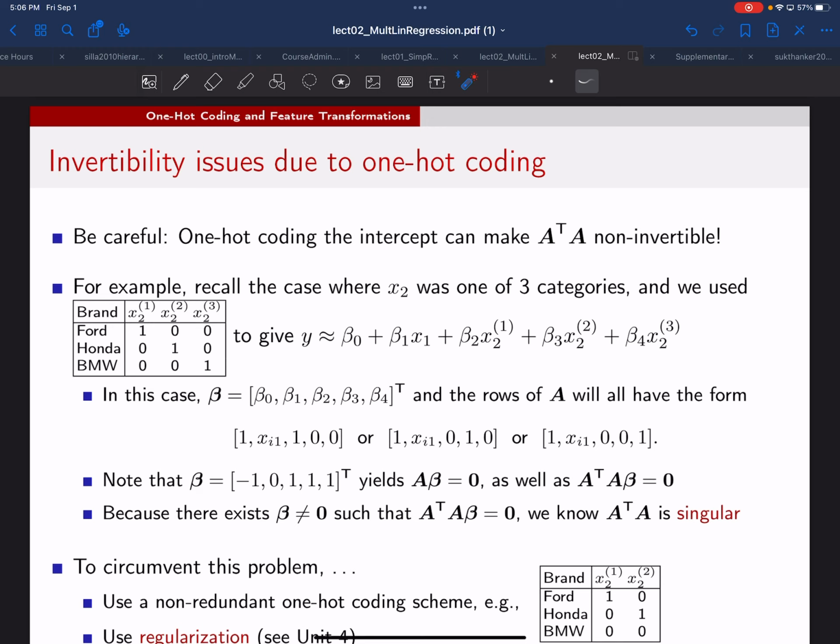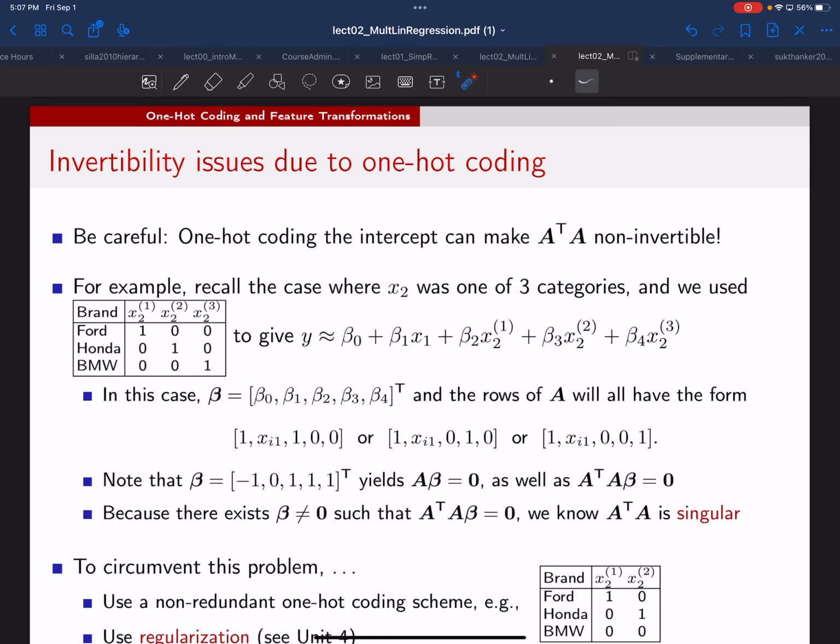The proof is just going to, again, focus on this simple case of 3. I'll just prove it in this case, but it holds in general. So this is what we have with our one-hot coding scheme. In this case, our beta vector has 1, 2, 3, 4, 5 terms. And when you look at the rows of A, they will have this form. The first column is always 1, no matter what.